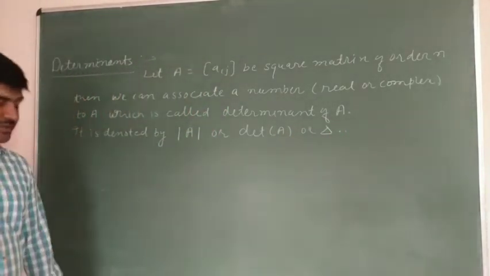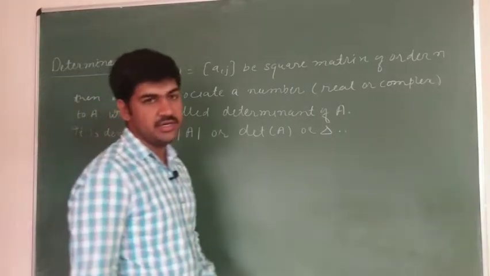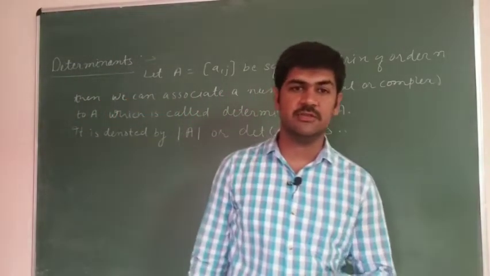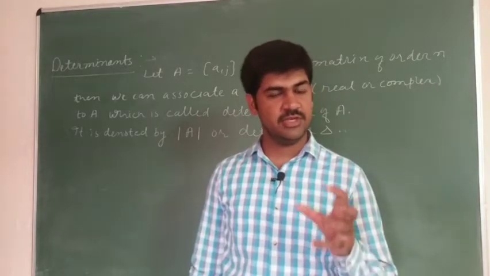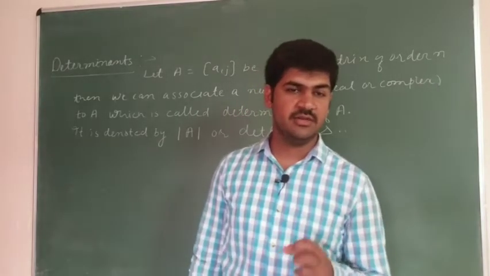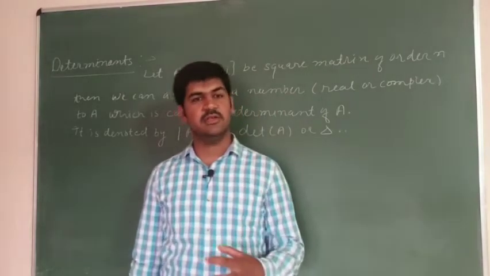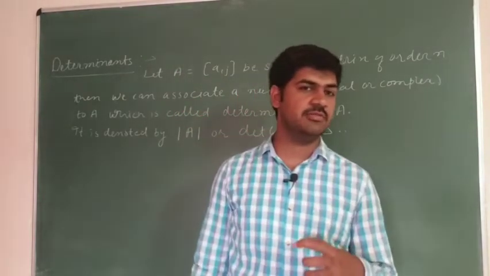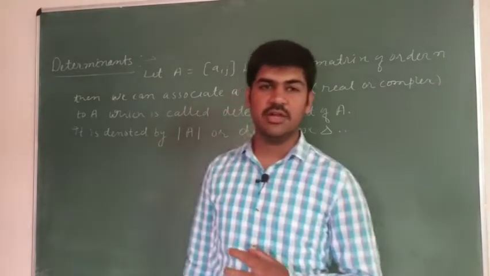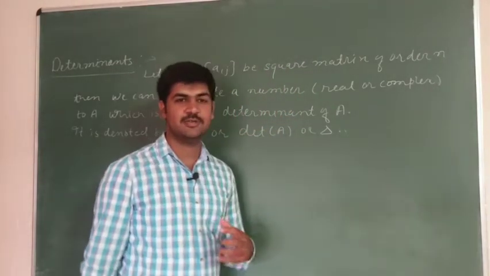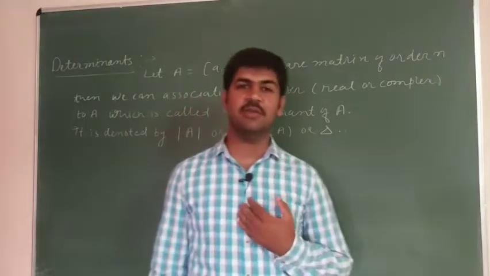So dear students, what is determinant? A determinant is all about a square matrix. So to a square matrix we can associate a fixed number, and that fixed number may be real or complex, and that particular fixed number is called determinant of that particular square matrix. Now it's not like we can associate any fixed number from our side.